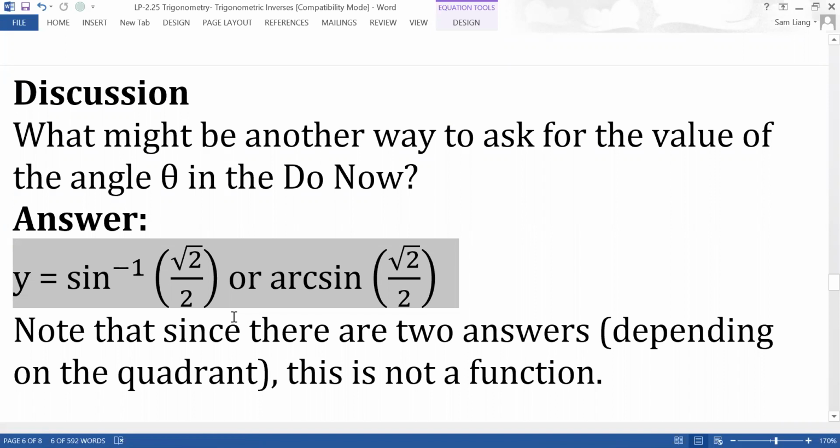So like for an orange to have two different prices, that wouldn't make any sense, right? Likewise, this arc sine function currently, it's not a function because we came out with two answers for root 2 over 2, right? 45, 135. Same thing for negative root 2 over 2, right? So as it is, this is not a function, but we're going to do something to make it into a function.